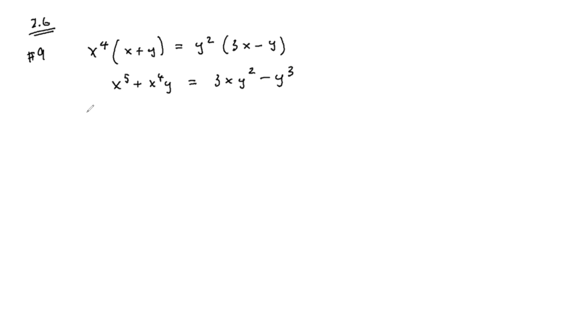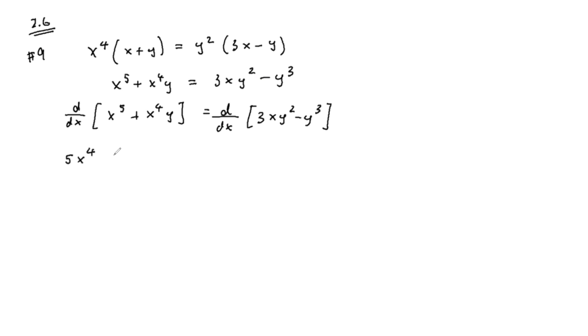Get my point? So when I take derivatives on both sides, the derivative with respect to x of x to the fifth plus x to the fourth y, and the derivative with respect to x of 3xy squared minus y to the third, this will become 5x to the fourth power plus, now using the product rule, 4x to the third y plus x to the fourth times y prime.